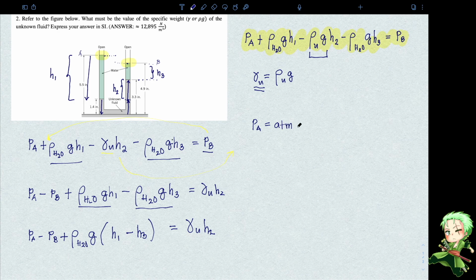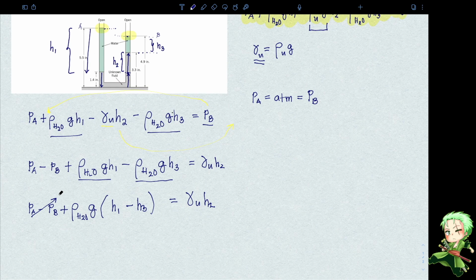The same case happened with PB. That is also open. It's noted in the illustration that that is open and exposed to the air outside. Therefore, the pressure at point A and point B are just equal, and it is equal to the atmospheric pressure. Therefore, their difference will logically be zero, since they have the same value. PA, 1 ATM minus 1 ATM, that will be zero.